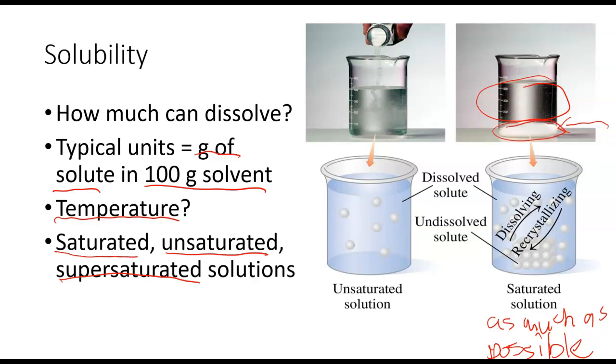So notice that there's a precipitate of that compound at the bottom of this beaker. We've got a saturated solution above and extra precipitate falling out at the bottom.